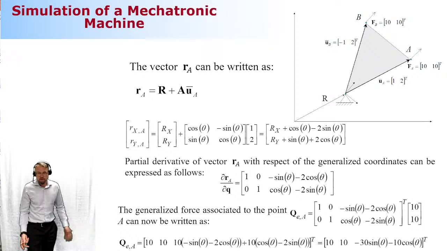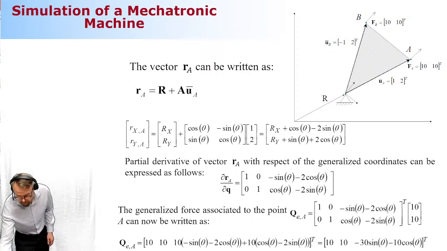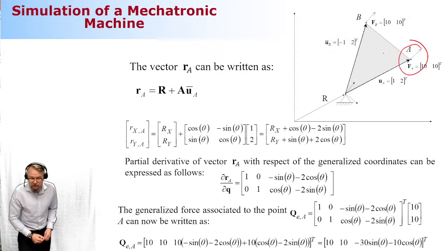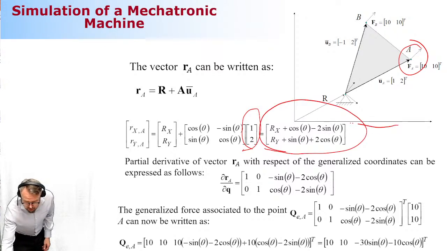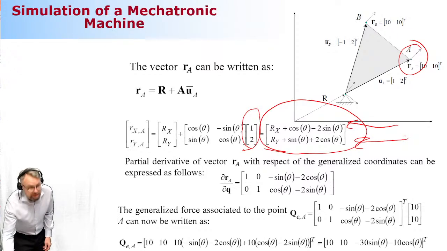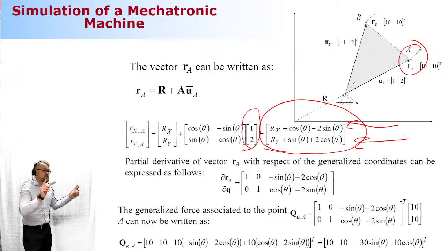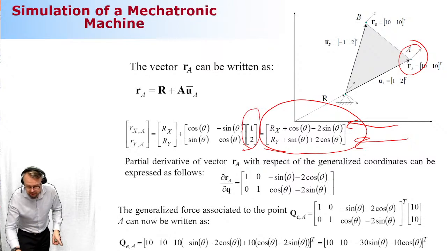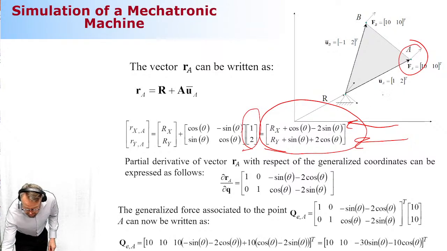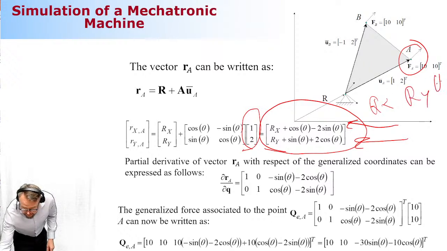First point A, which is located here in this lower corner. I know the vector u bar, so using the vector u bar information, I can express my point A using global coordinates like this. Two components, so it makes sense. Next, I'm going to differentiate that with respect to my unknowns, which are Rx, Ry, and angle theta.